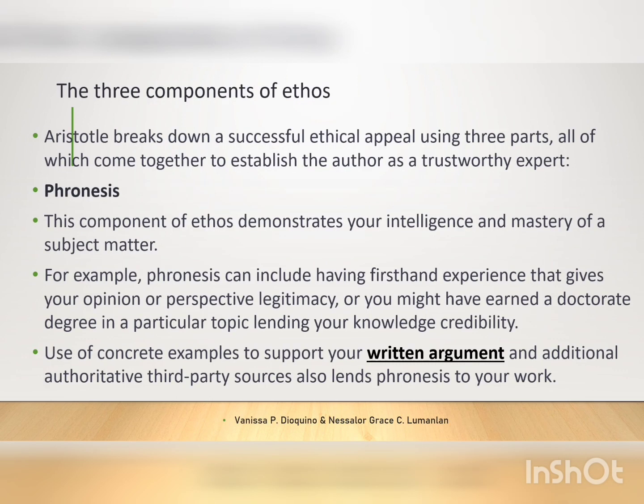There are three components of ethos. Aristotle breaks down a successful ethical appeal using three parts, all of which come together to establish the author as a trustworthy expert. First is phronesis. This component of ethos demonstrates your intelligence and mastery of a subject matter.